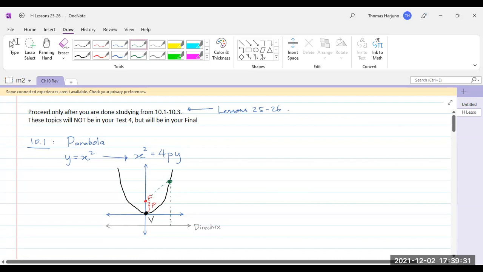The distance from the vertex to the directrix is also p units.